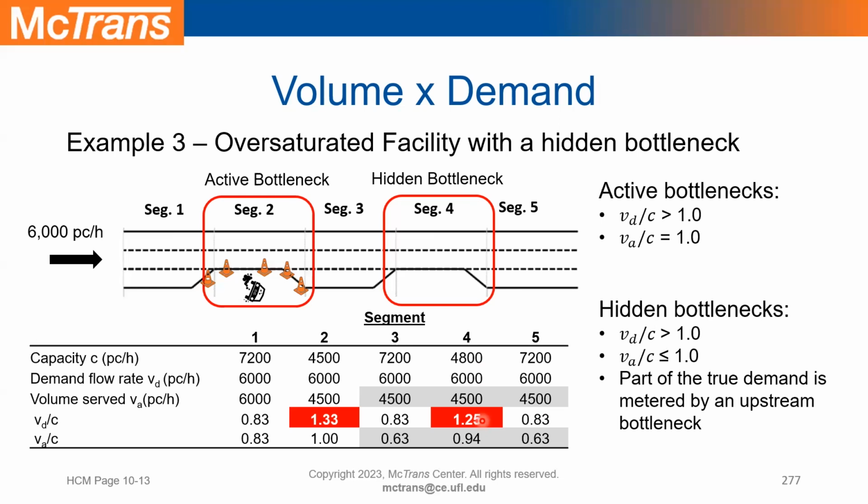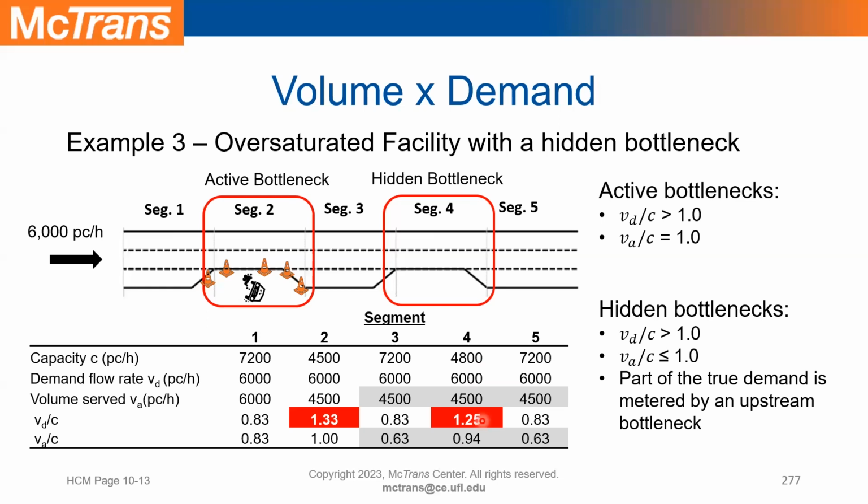So let's say, for example, your active bottleneck gives, I don't know, 200,000 hours of delay per day. If you fix that, your hidden bottleneck can give you more delay, 300,000 hours of delay per day. So that's why it's important to identify hidden bottlenecks.